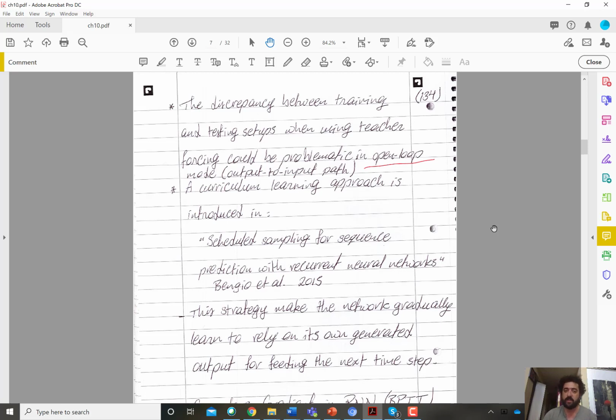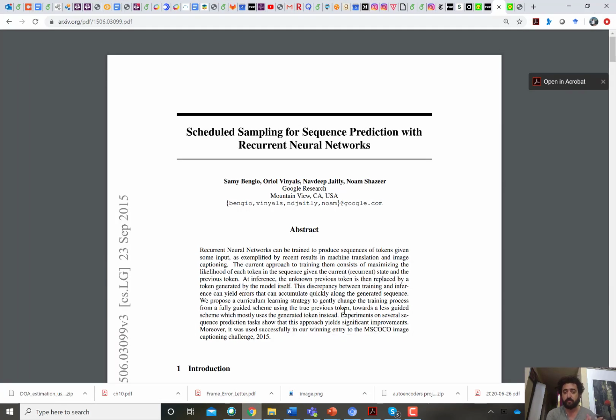This is what curriculum learning in general refers to as an optimization strategy: to give the network an education curriculum, to give the network the training data set in order and in chunks, right? So here, by curriculum learning, and it's in this paper right here, in 2015, the idea was to make the network gradually depend on its own output instead of the training target.